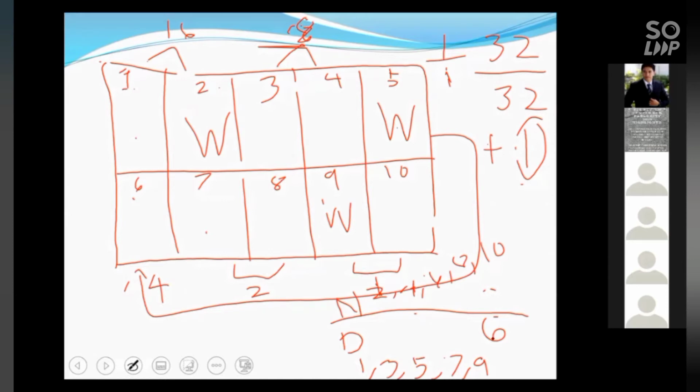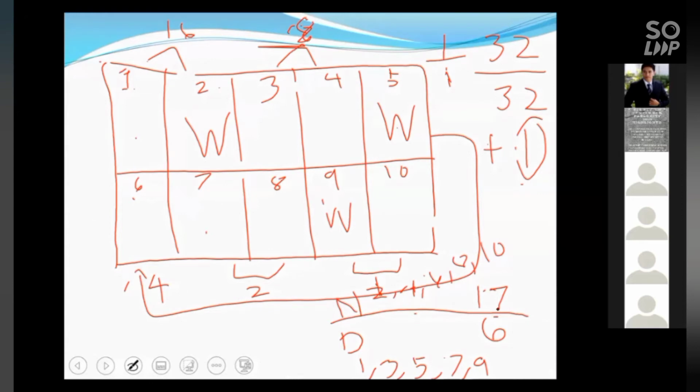So you still have 16. So 16 plus the arbitrary of 1, it is 17. So your primary classification is 17/6.